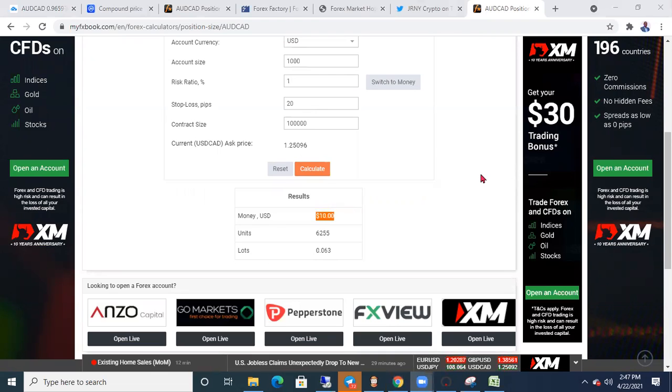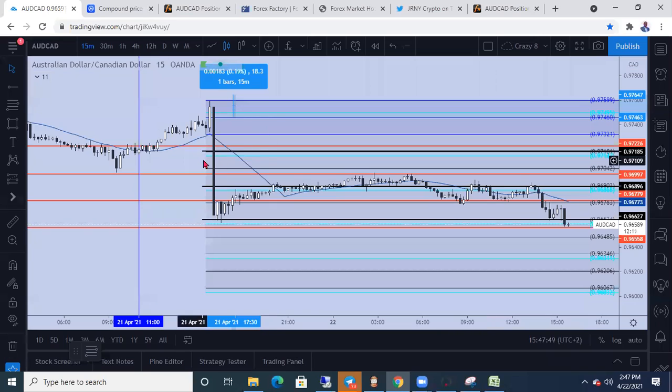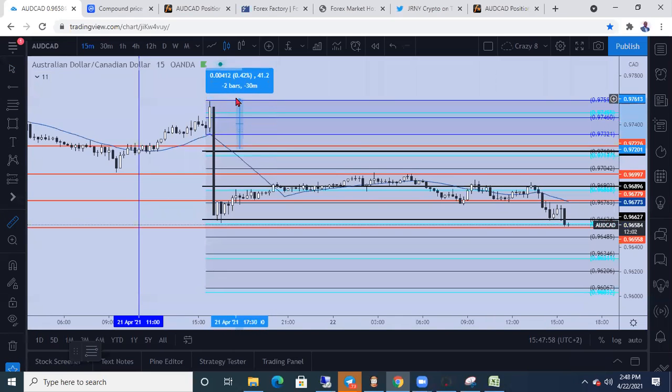If I trade off the H4, my stop loss would most likely have been maybe from somewhere around here.